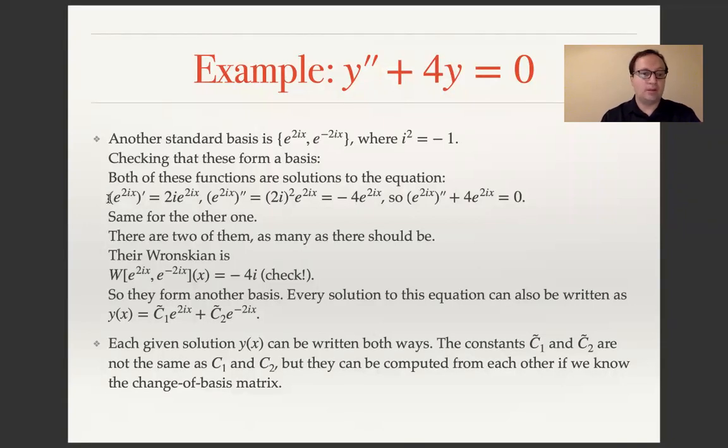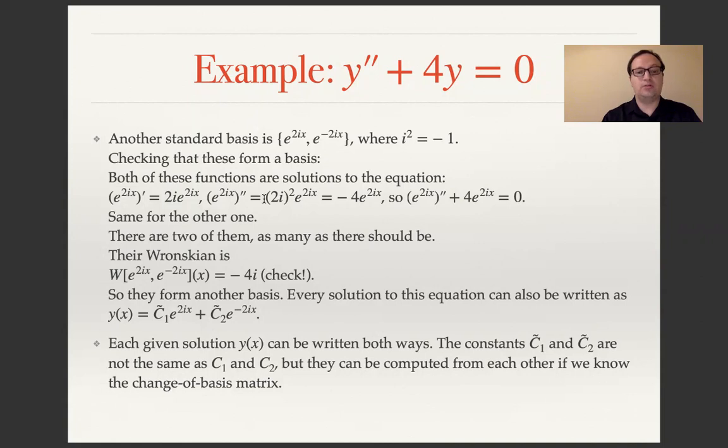Well, every time we take a derivative of an exponential, the derivative of e to the power ax is always a times e to the power ax. So taking the derivative brings a factor of a out by the chain rule. So taking the derivative of e to the 2ix gives 2i e to the 2ix. It brought the 2i out. And then taking the second derivative brings another factor of 2i.